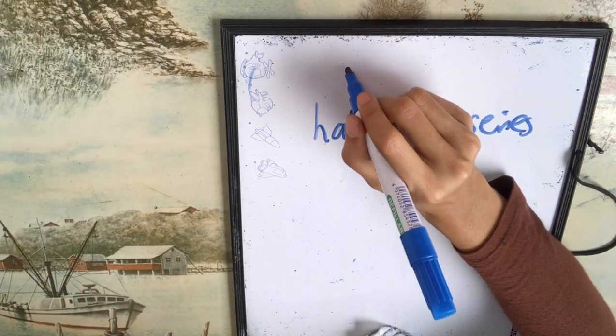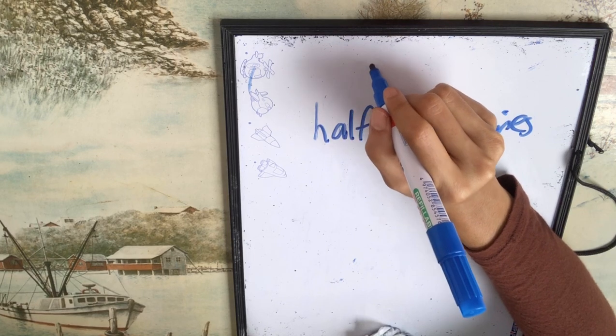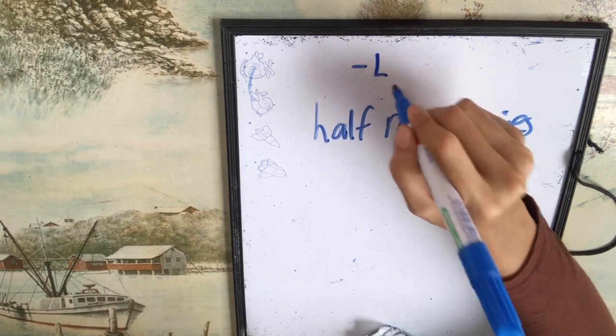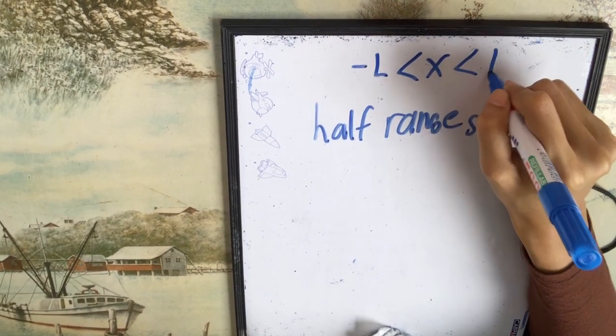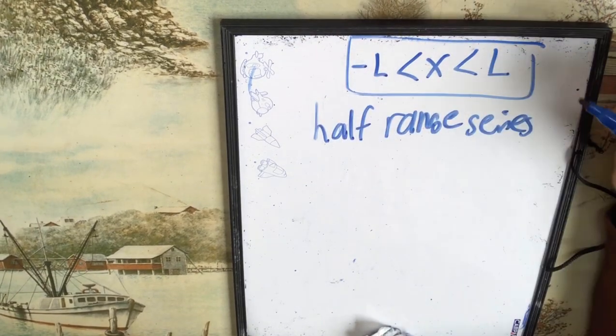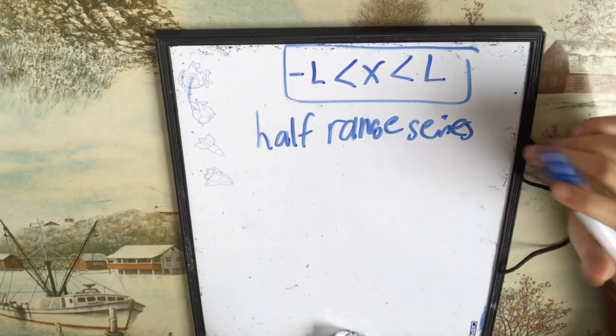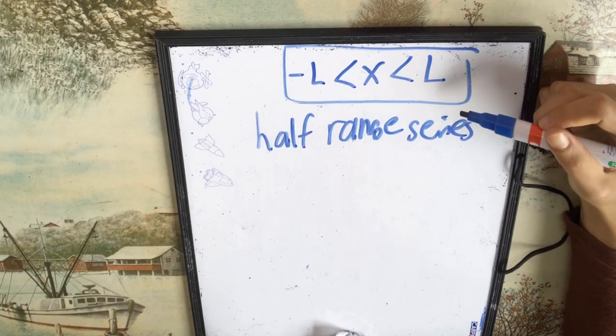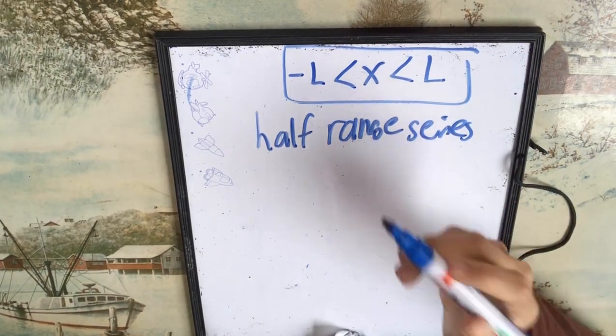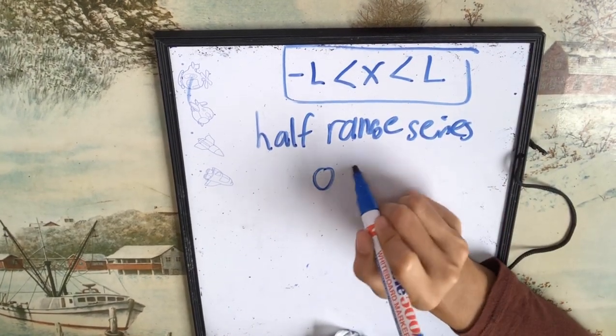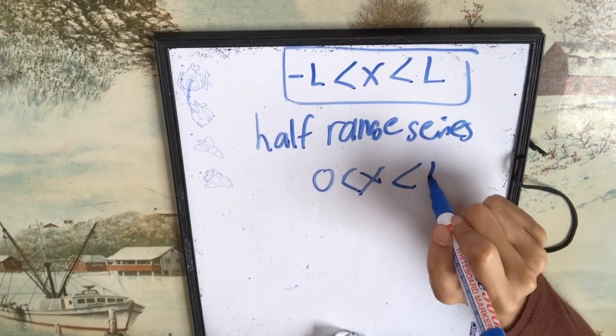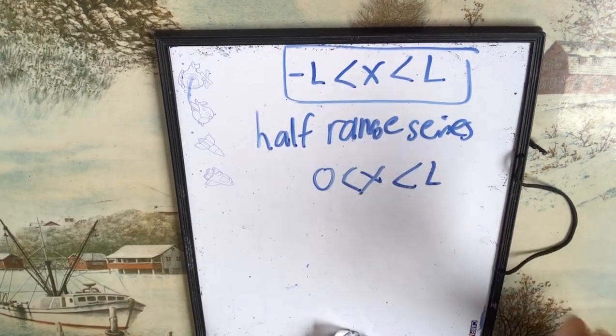If you still remember, I said that for the Fourier series, the interval must be from negative L to L. This is the full one, as in the example we did before. What is meant by half range series is that the interval is cut in half.